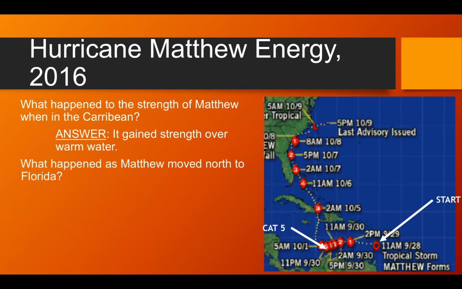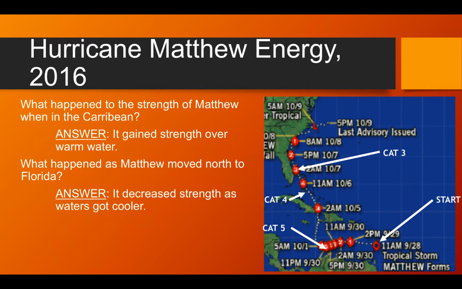What happened as Matthew moved north to Florida? By the time it was October 6th, it was a Category 4 storm moving towards Florida, and then became a Category 3 storm on October 7th. So as it moved northward, it decreased its strength because the waters got cooler and cooler, and it was picking up less heat energy, diminishing the strength of the storm.